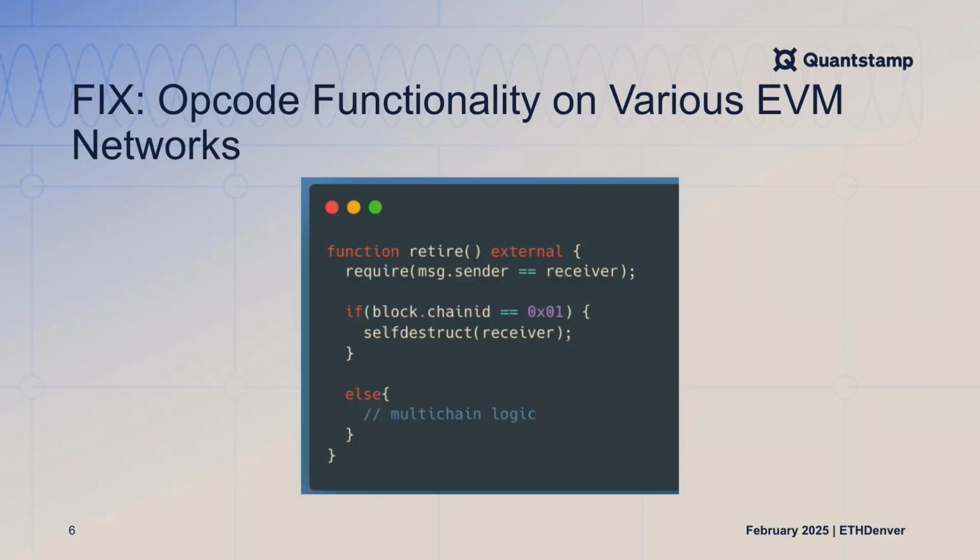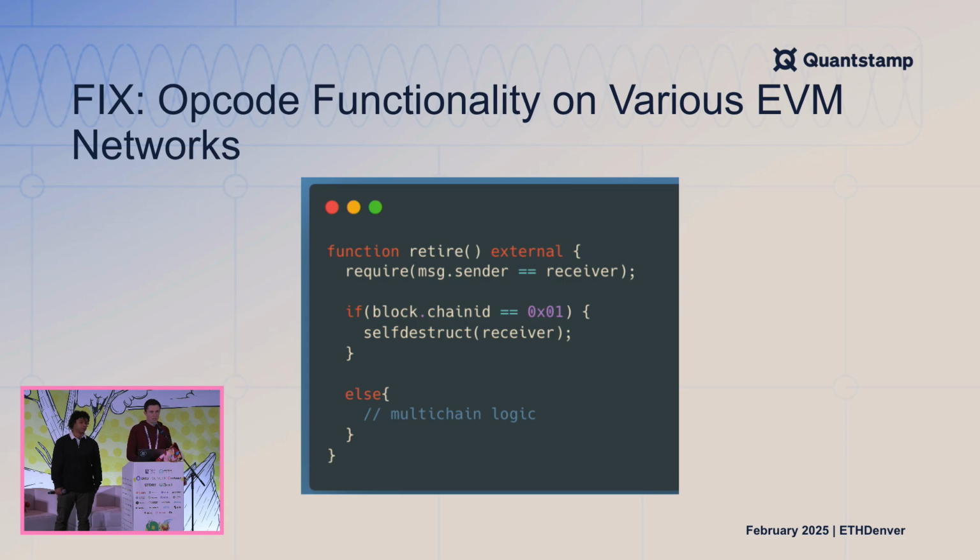There are a few different solutions for how you could go about avoiding this problem. One that we have displayed here is using the chain ID as an indicator to show how you want to operate on different EVM chains. For example, if the chain ID is 1, you're on Ethereum mainnet, you may want to just call self-destruct and get your ether back, even if it doesn't destroy the contract. Maybe on an L2 instead, with a different chain ID number, you want to call transfer to move your funds out of it.